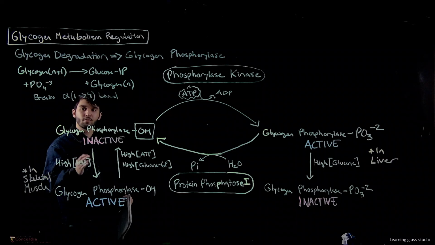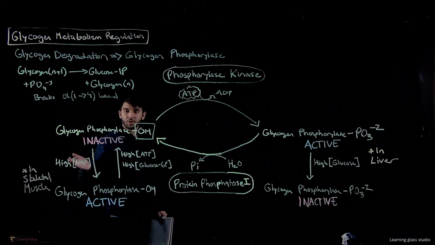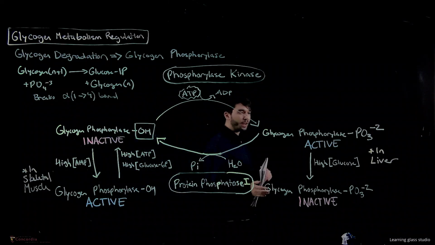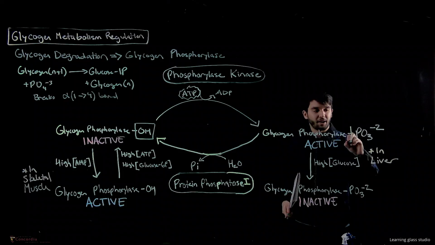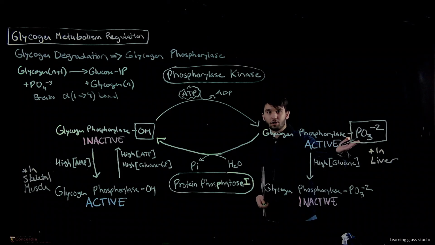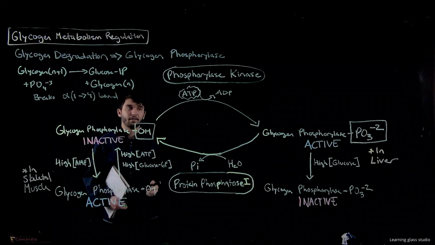This is regulation by reversible phosphorylation. So when the enzyme glycogen phosphorylase is not phosphorylated, when it has an OH, it is inactive. However, when it has this phosphate group on it, this activates, okay? So phosphate group, active; no phosphate group, just an OH, inactive, okay?